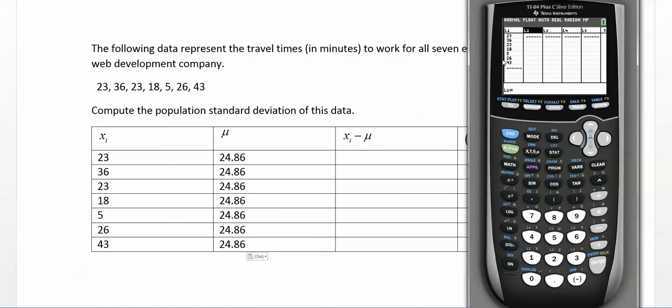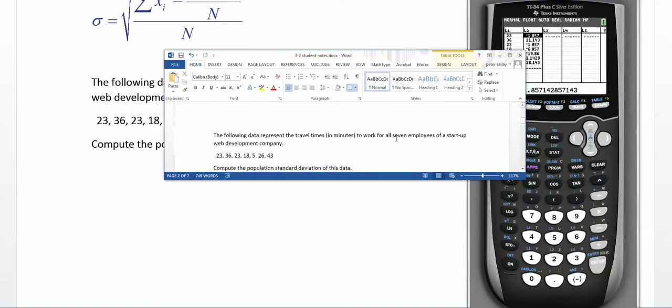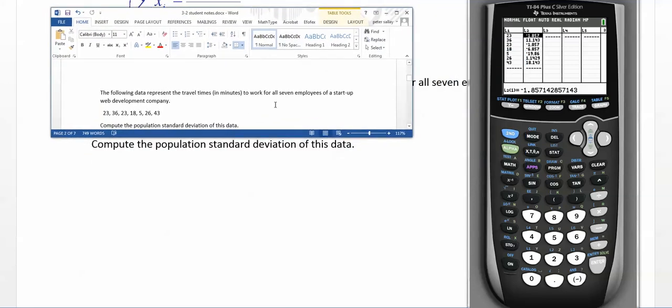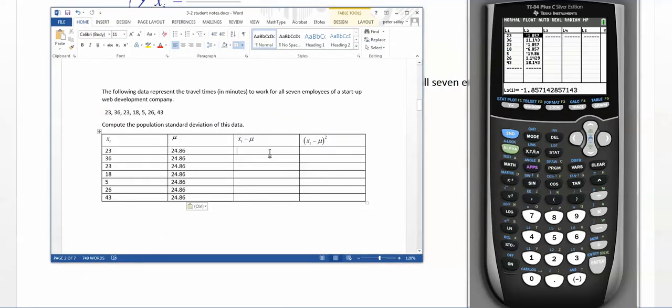So that would be list 1 minus A. I hit second list to pull up list 1, then minus alpha A, the letter A. It should look like this: L1 minus A. Then I hit enter, and it gives me a big list of numbers that I would summarize in the table.